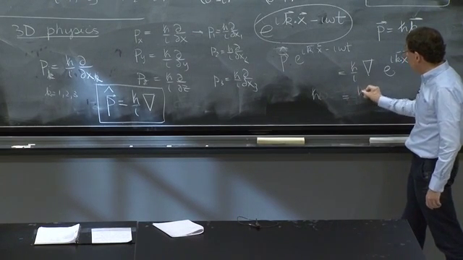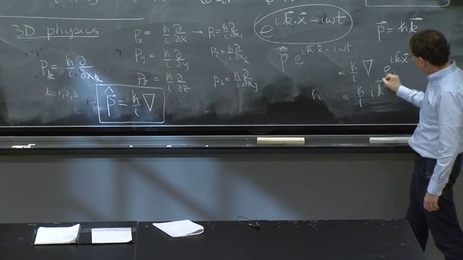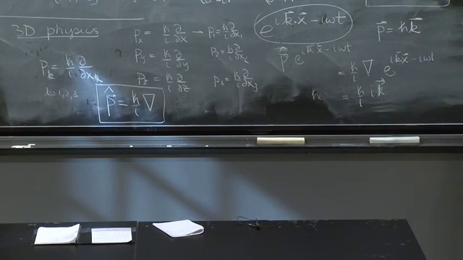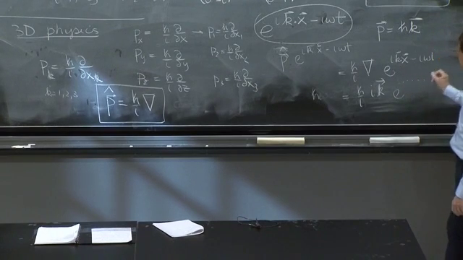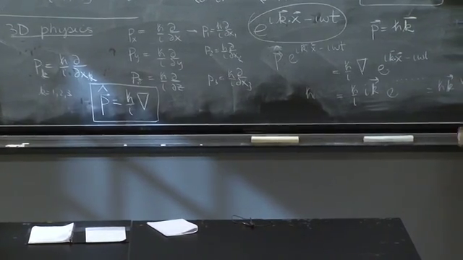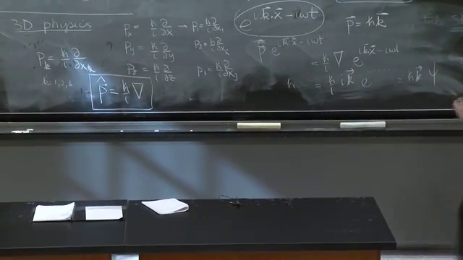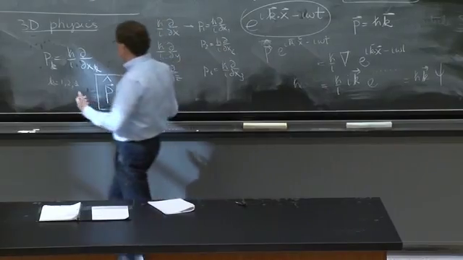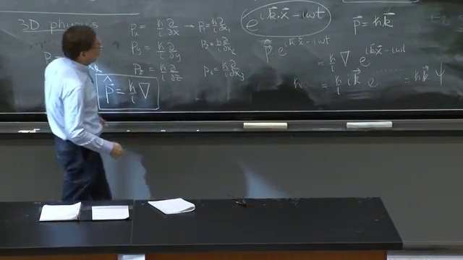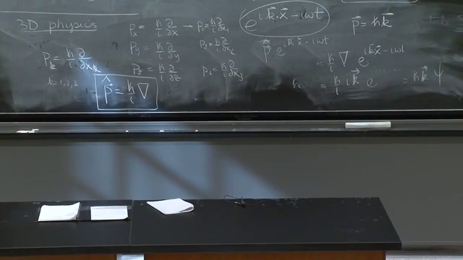So you can do component by component, but this gives you i k vector times the same wave function. So you get h bar k, which is the vector momentum, times the wave function. So the momentum operator has become the gradient. This is all nice.